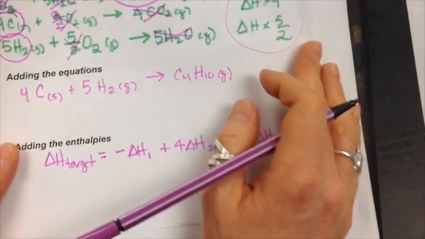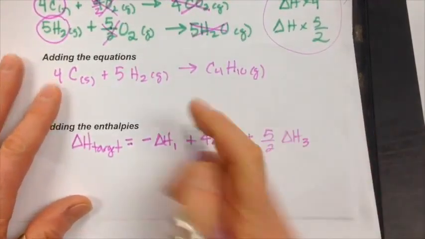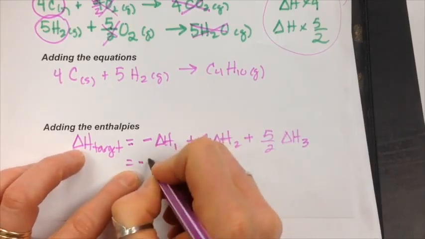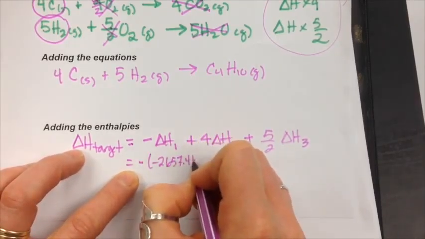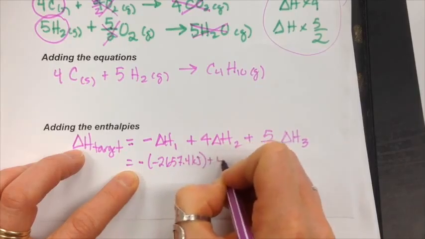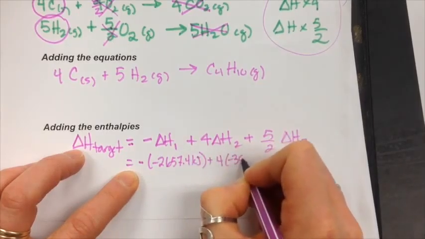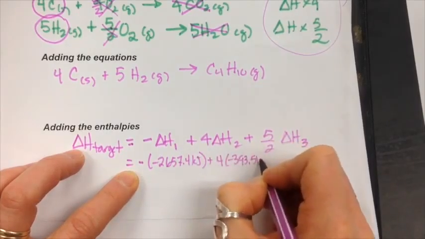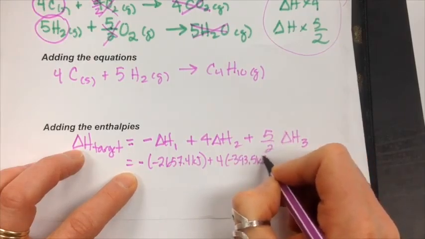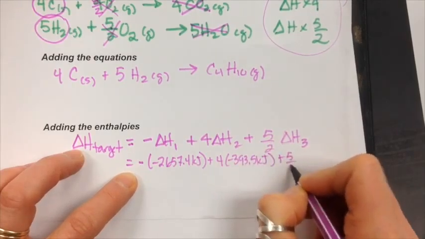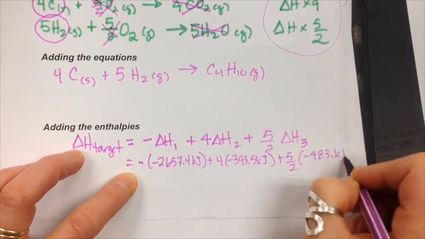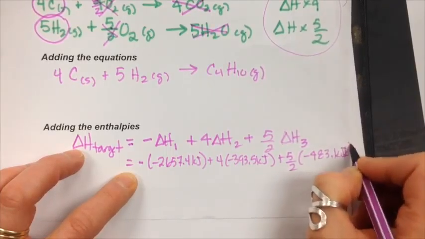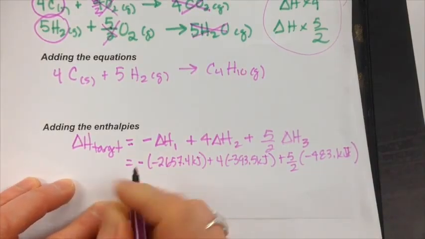So in adding those together, doing my math properly, I have a negative 2657.4 kilojoules plus 4 times negative 393.5 kilojoules plus 5 over 2 times negative 483, and these values were all given in the initial question.